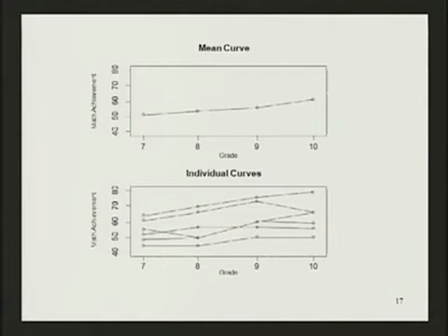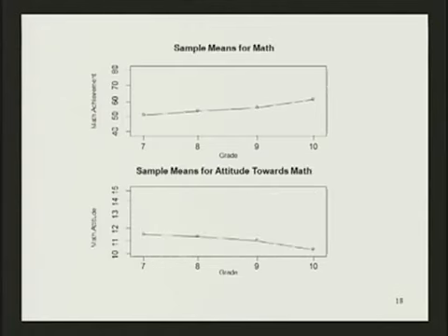And then you can ask about group differences, males and females, and try to figure out what males and females have in common when it comes to growth in math achievement and what's different. You can also ask about development on several longitudinal processes, math development and math attitudes.